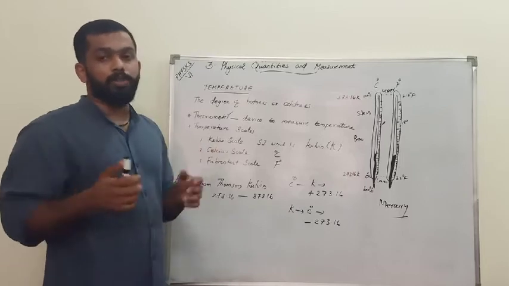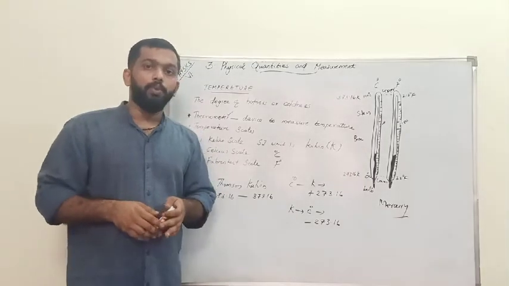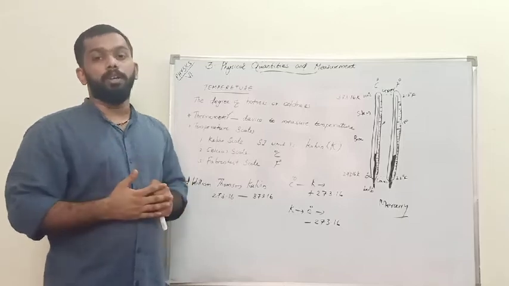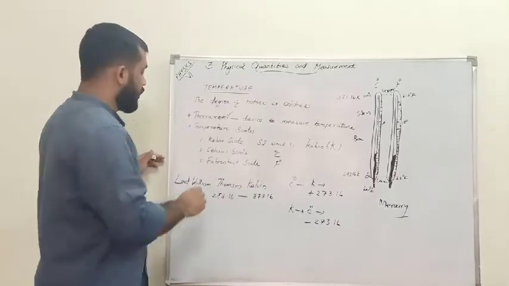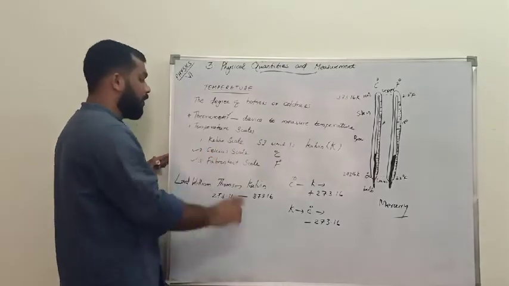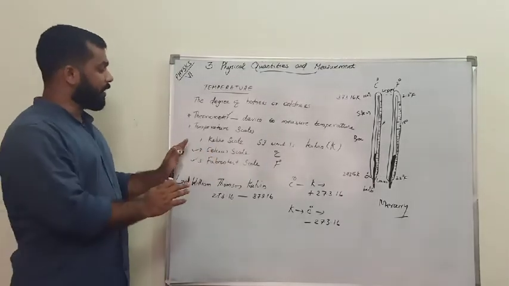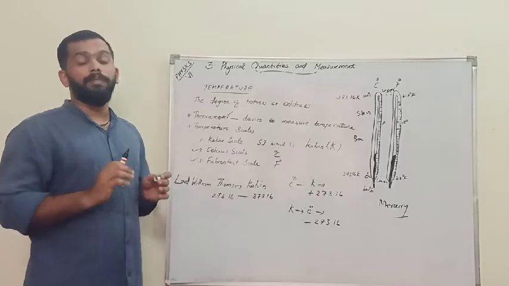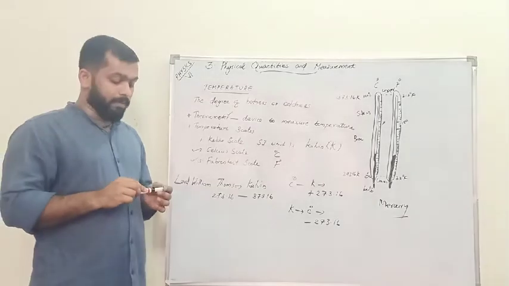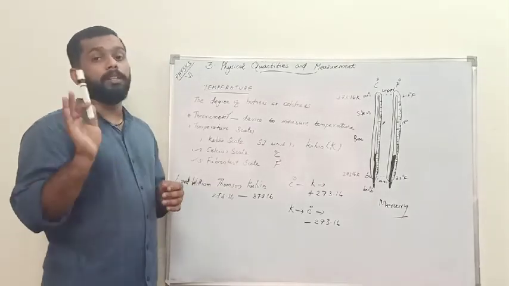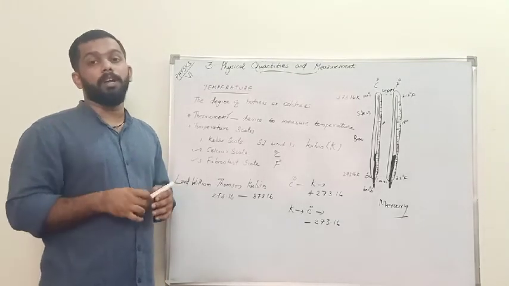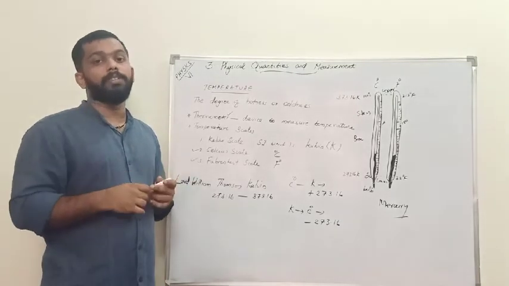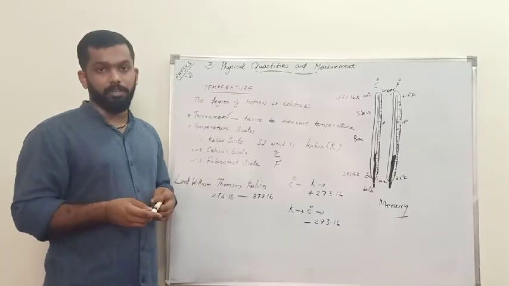But Kelvin is not so familiar to us. The other common scales of temperature that we use are the Celsius scale and the Fahrenheit scale. I am sure they are very familiar to you. For example, in a weather forecast, the newsreader will say the higher temperature is 37 degrees Celsius and the lower is 30 degrees Celsius.